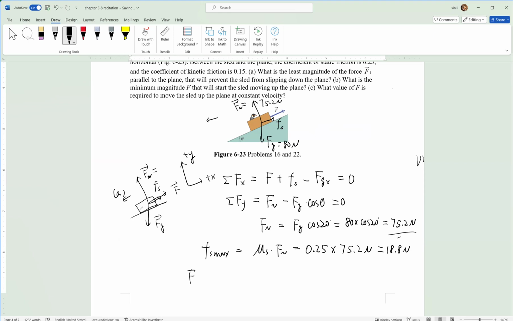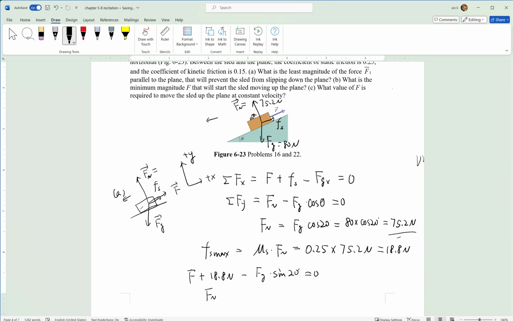And then you put it back. It's F plus 18.8 Newton, then minus Fg, which is 80 times sine 20, equals 0.